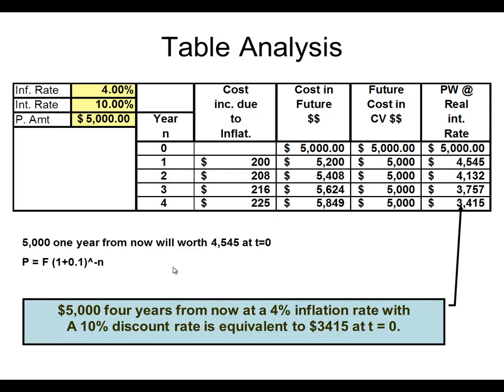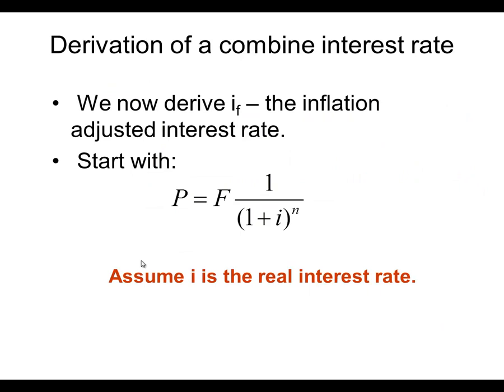Using the formula, P equals F multiplied by (1 plus 0.1) to the power minus n, with a future constant value of 5,000, interest rate of 10%, and number of periods 1 for the first year, the present worth at the real interest rate will equal 4,545. And after 4 years, it will equal 3,415.